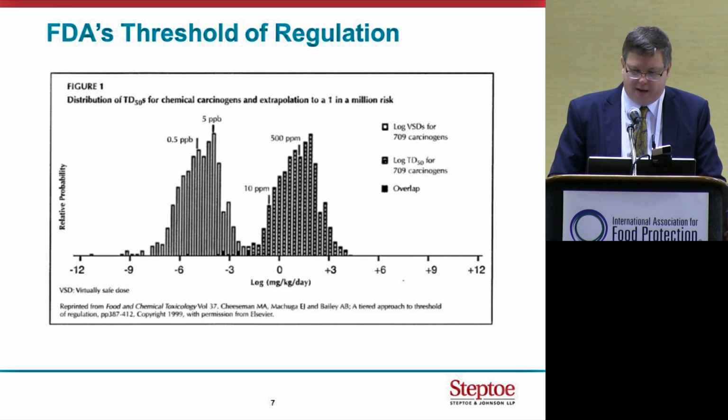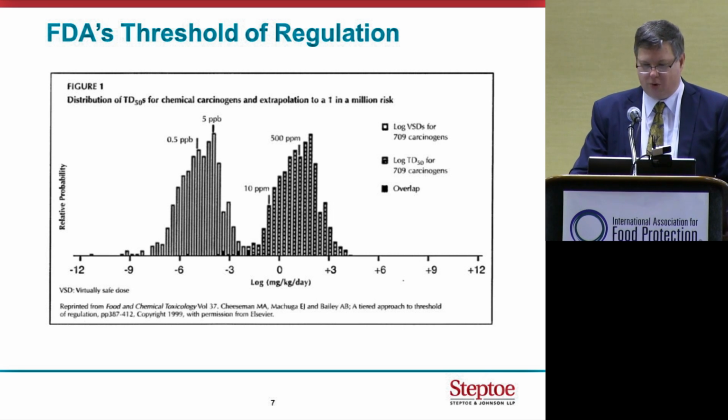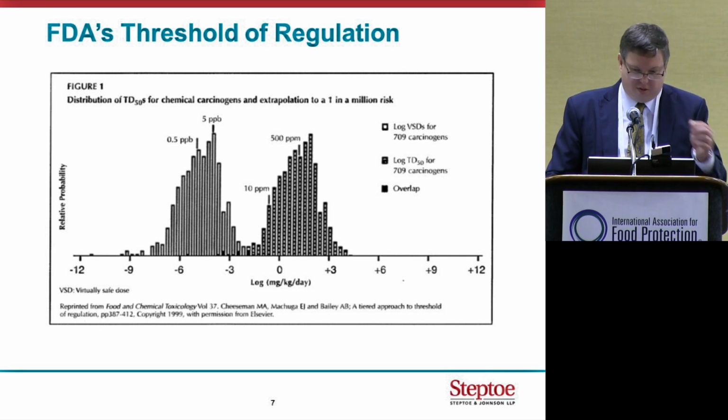On the right-hand side are graphed the log of the TD50 for over 700 carcinogens that were extracted from the CPDB database.